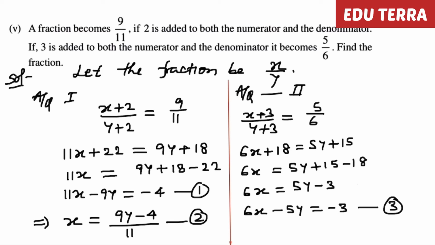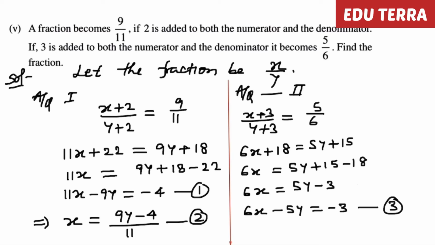Now we have to solve equations 2 and 3. Then find the fraction. Okay. So how can we solve? Substitute x equals 9y minus 4 upon 11 in equation number 3 and try to solve.